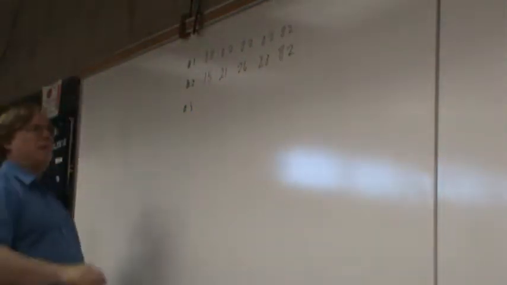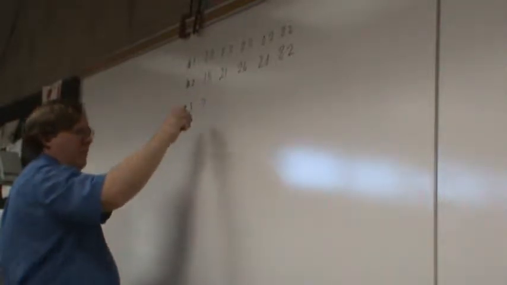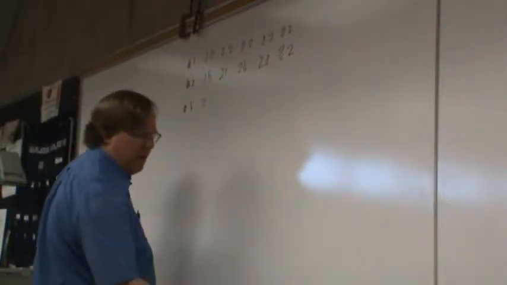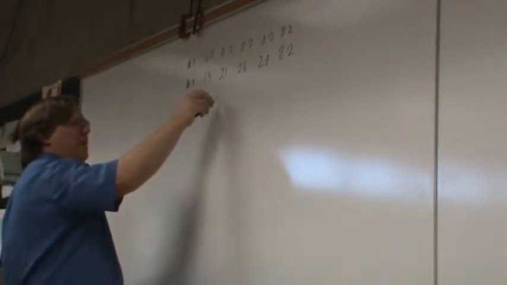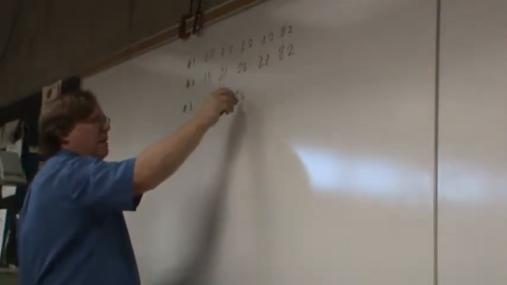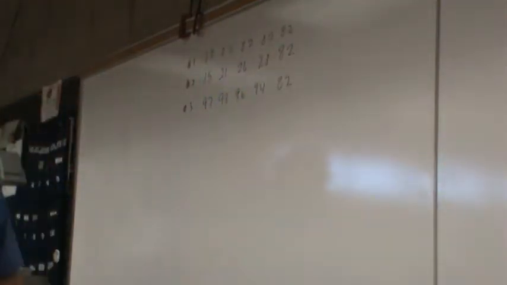And then the last guy, let's say he gets a 97, a 98, a 96, a 94, and an 82. Okay? Is it obvious to you who's got the higher grade in the class? Number 2. Yeah. Okay, great.